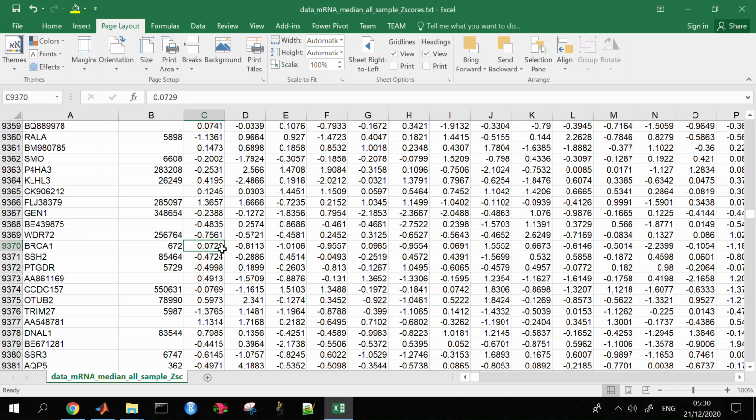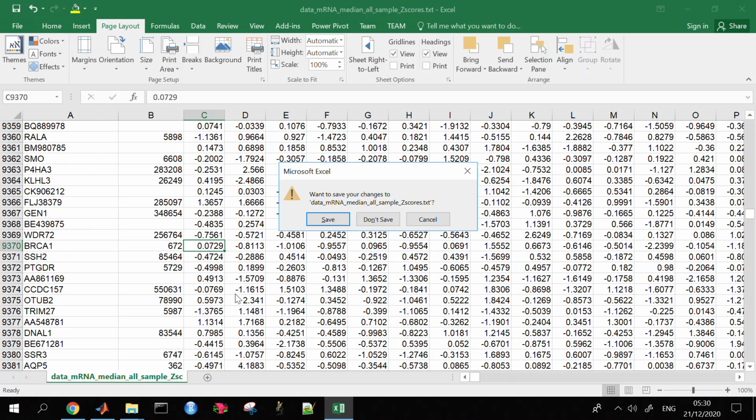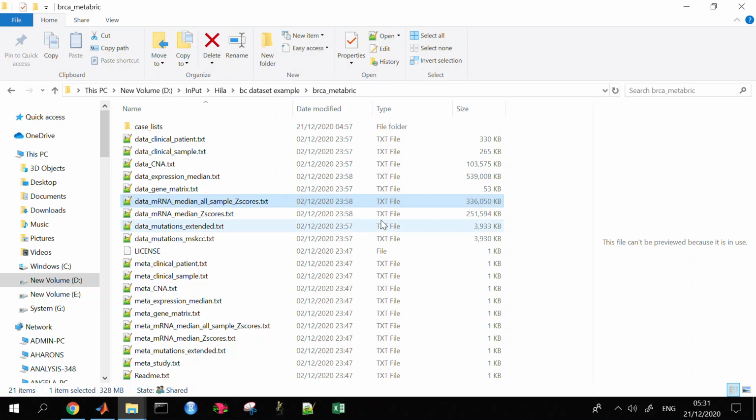I was questioned regarding the minus symbols, and you have to understand that the expression was normalized such that the median would be 0 and the standard deviation would be 1. And I think it was normalized per row, but I'll have to make sure of that.